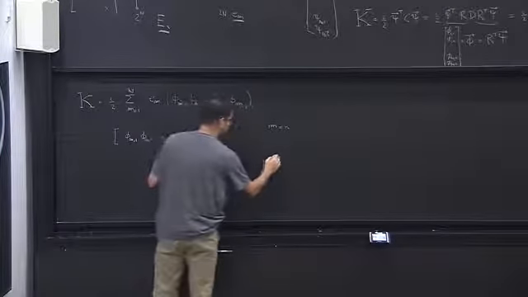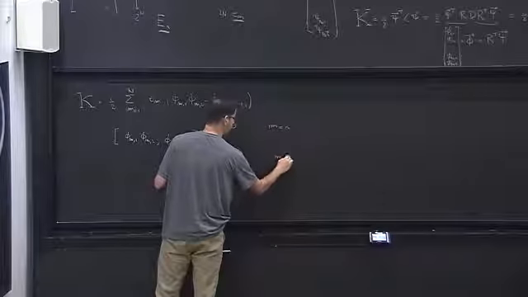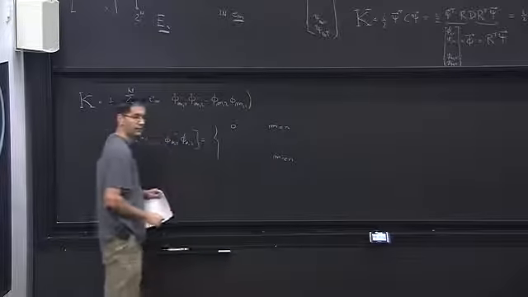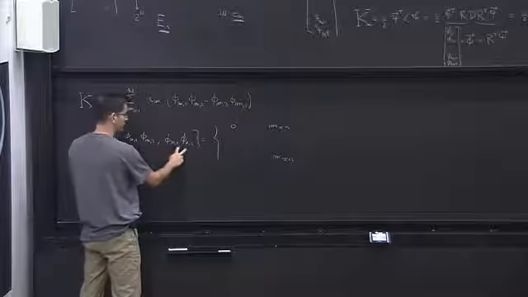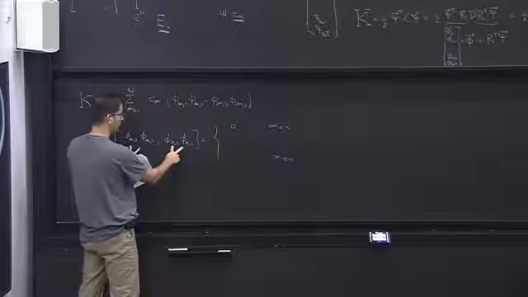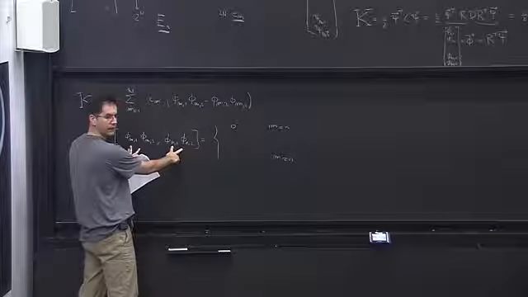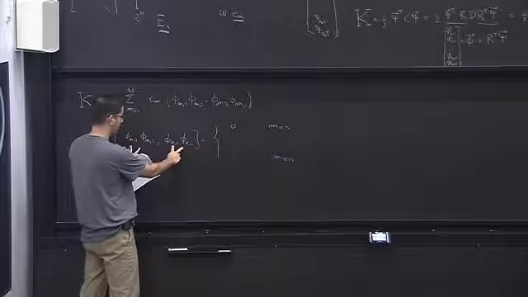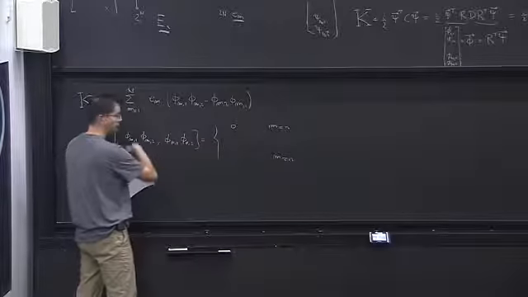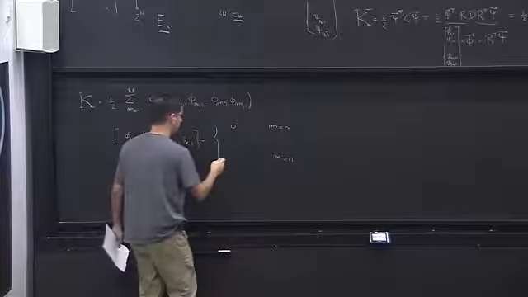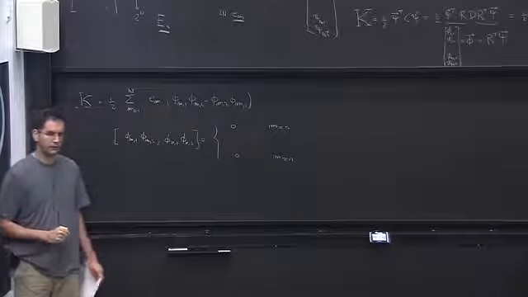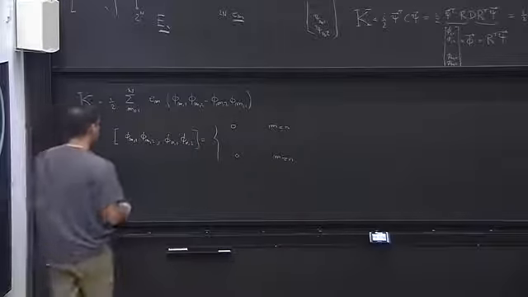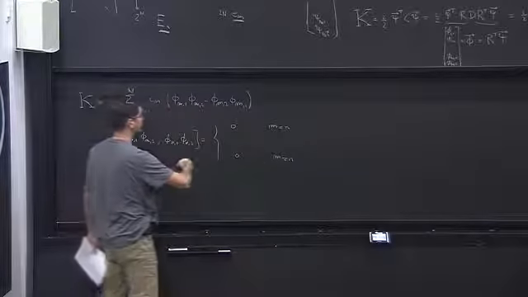But if m is different from n, then these two are different from these two, and the anti-commutation relations imply that you have two minus signs which account for a plus sign, so you compute the commutator and again it's 0. Very good.